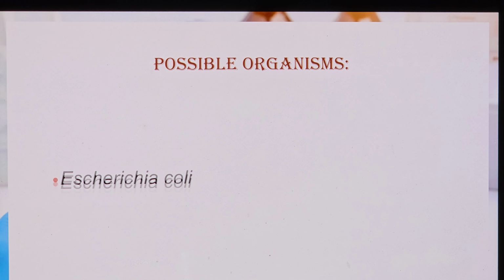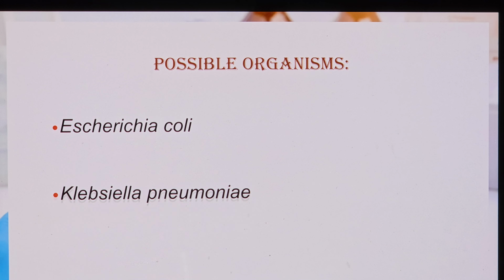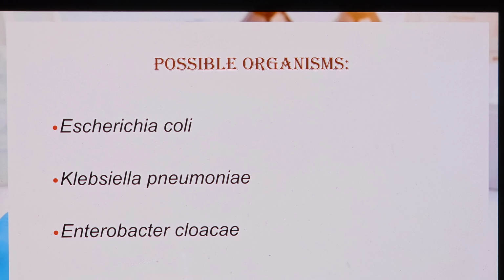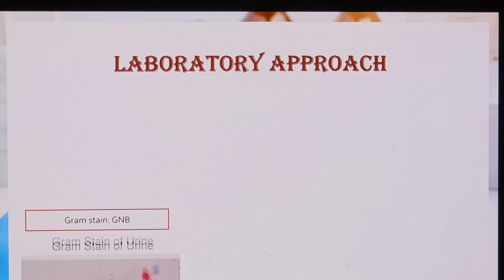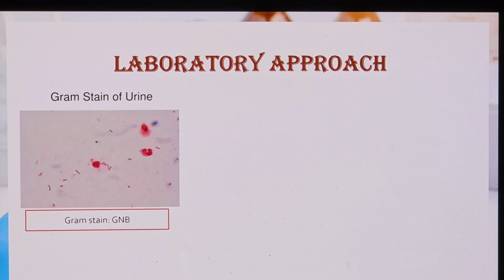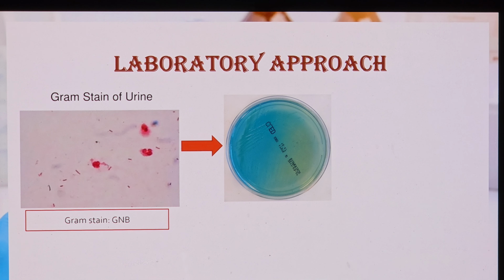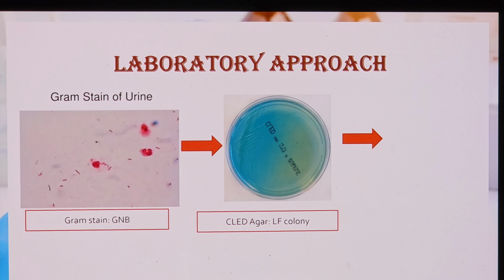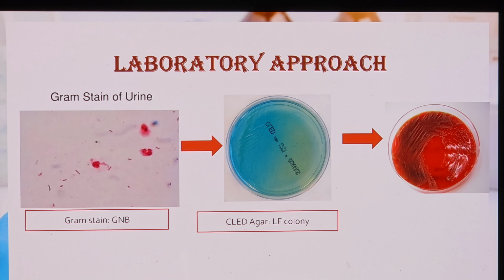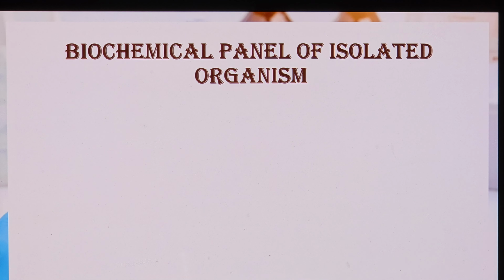Possible organisms are first Escherichia coli, Klebsiella pneumoniae, and Enterobacter cloacae. So what is the laboratory approach? First gram stain showed gram-negative bacilli. Then the sample was inoculated on MacConkey agar, which showed LF colonies. Then inoculated on the blood agar and showed grey moist colonies.